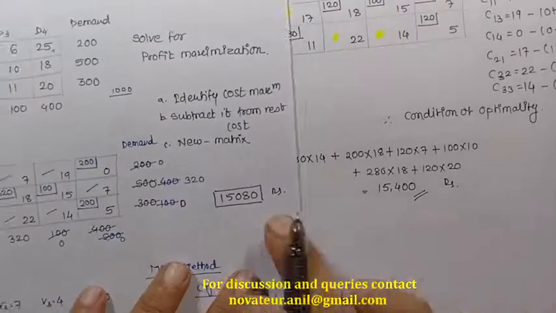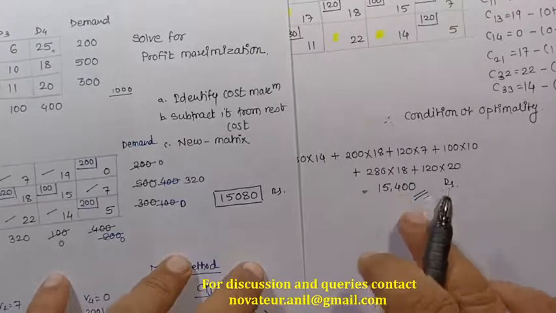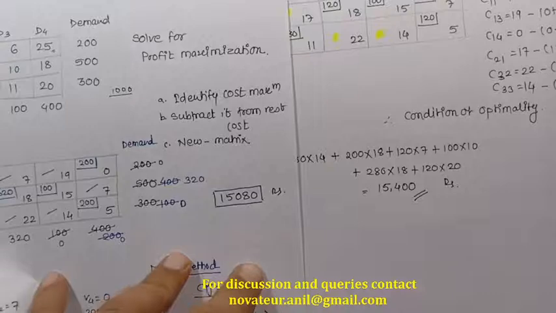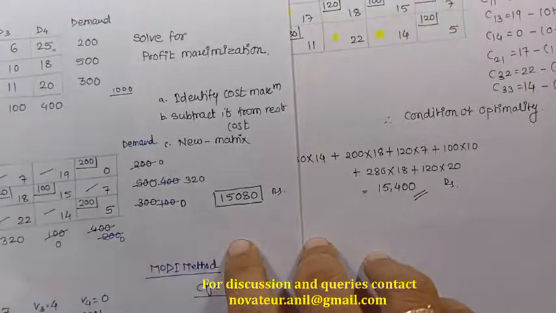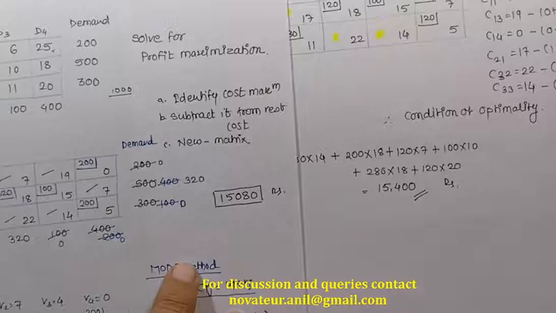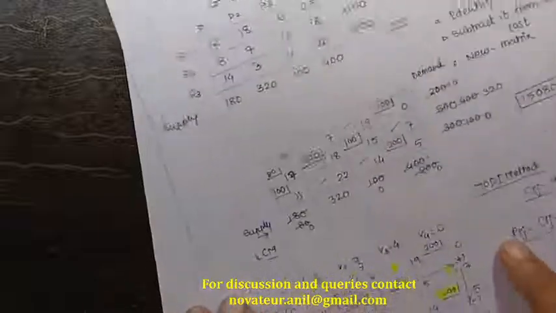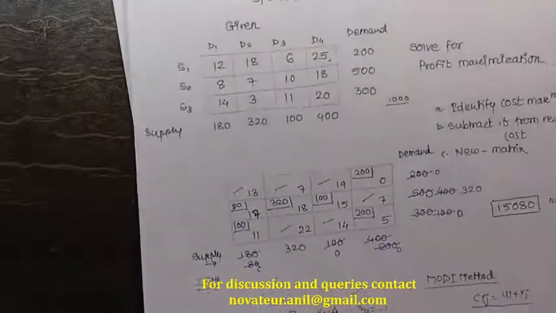So it is a profit problem, a maximization problem, so definitely you are going to get a higher value after applying the MODI method. Previously, in the case of minimization, we got a lower value after applying the MODI method, but here we got a higher value. So this is how we are going to solve profit maximization problems for transportation whenever it is asked.